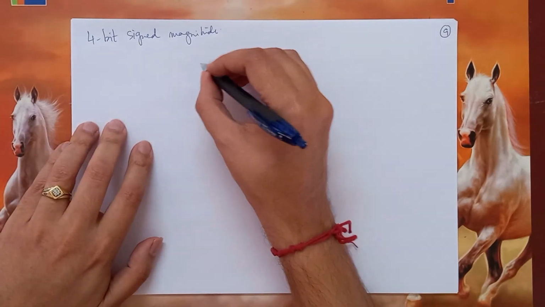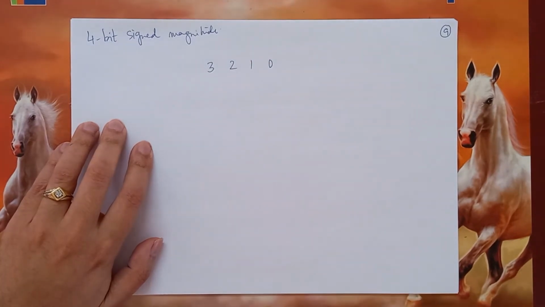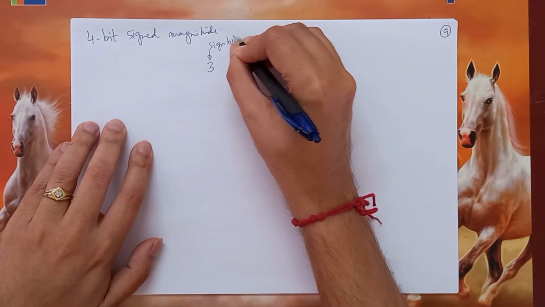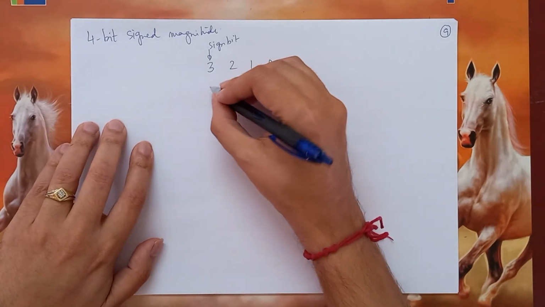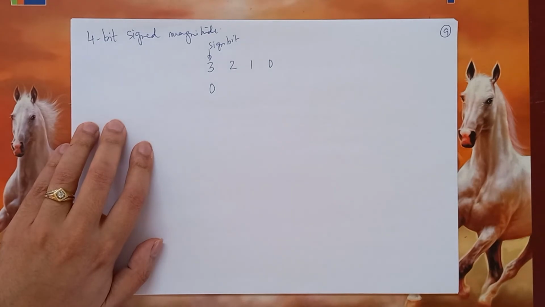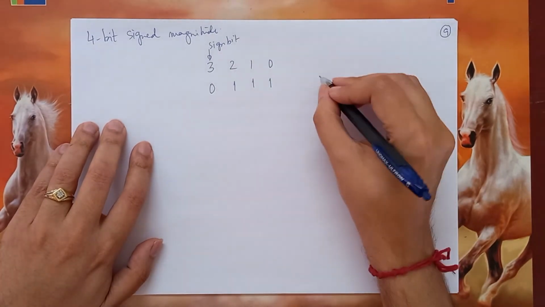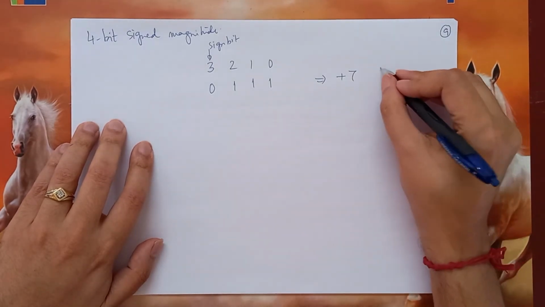So let me call the bits 0, 1, 2, 3 in terms of powers of 2. So this will be the sign bit. The largest possible number will be a positive number whose sign is 0 because it's positive, and the magnitude will be 111. This indicates plus 7, which is the largest.